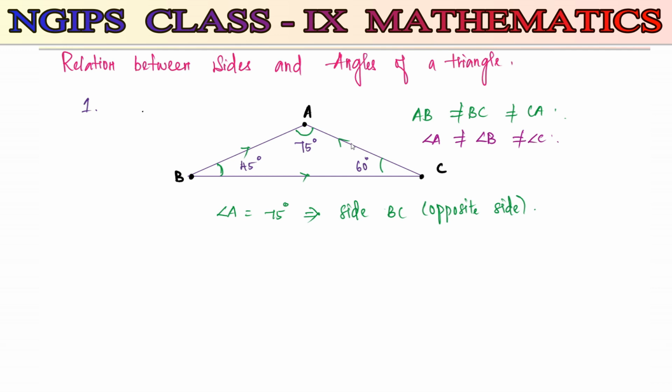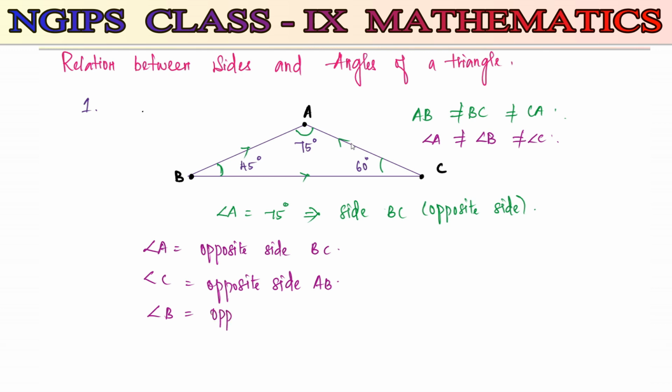Okay, now here for angle A, the opposite side is BC. For angle C, the opposite side is AB, and for angle B, the opposite side is CA. Now if you look at this, the greatest side has the greatest angle opposite to it.